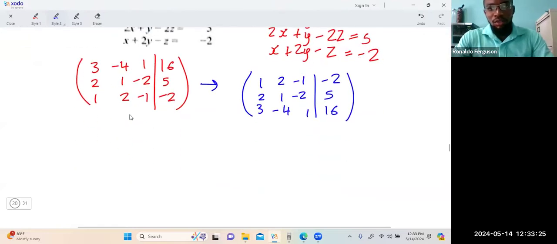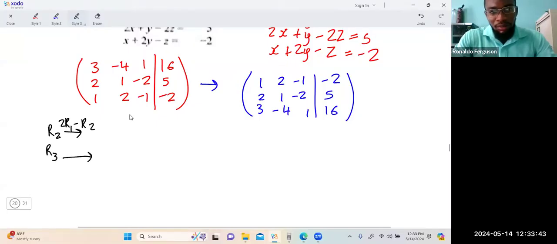So now what we're going to do is change row 2 to 2 row 1 minus row 2. I'm going to change row 3, so row 3 is going to become 3 row 1 minus row 3. So our new matrix is, put back row 1 as it is, 1, 2 minus 1, augment negative 2.